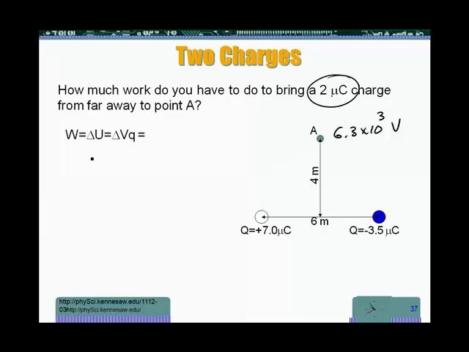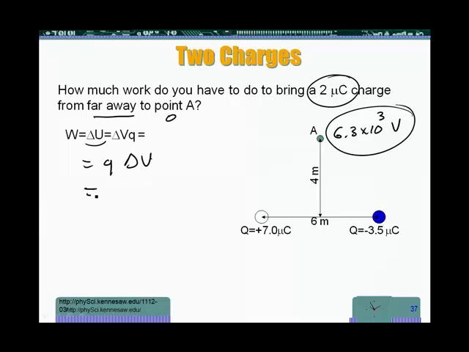But it is just easier to remember that the work is just the change in electrical potential energy. When our charge is far away, its electrical potential energy is 0, its voltage is 0. It's going to move to a position where the voltage is going to be 6.3 times 10 to the 3 volts.